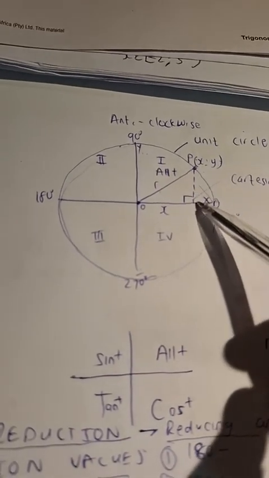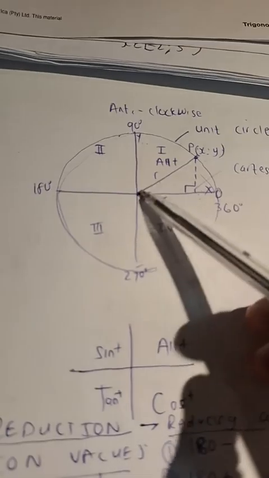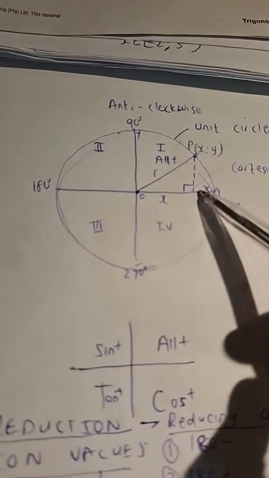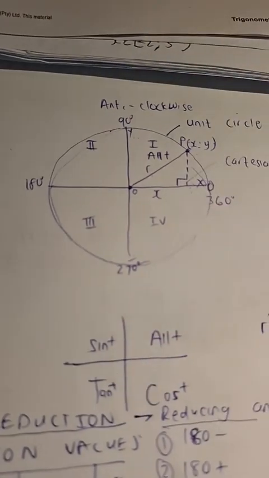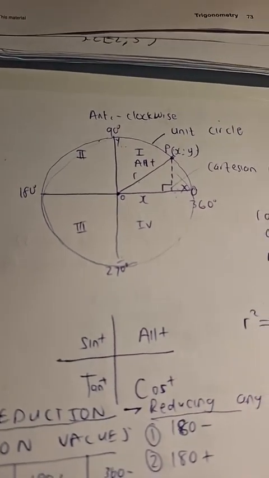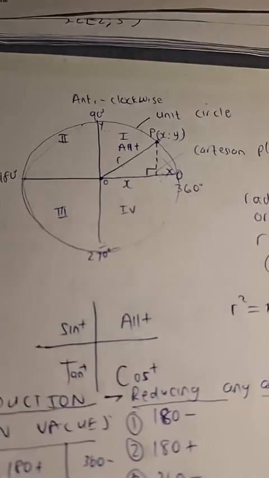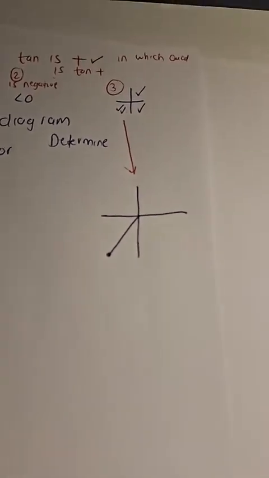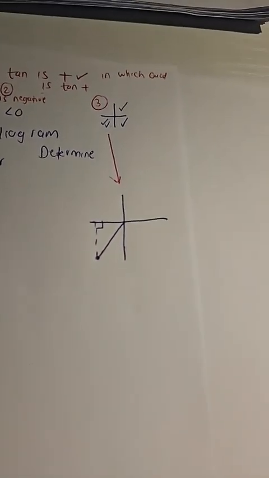When we complete the right angle triangle in our particular quadrant, we are able to have the radius, the x value, which is the base of the triangle, and then its perpendicular height as well. And that's why we are able to utilize Pythagoras and other things of that nature, because we have a right angled triangle inside our unit circle. So in the same vein, we are in the third quadrant. So what we do is we complete the right angled triangle, and then bam, there we have it.